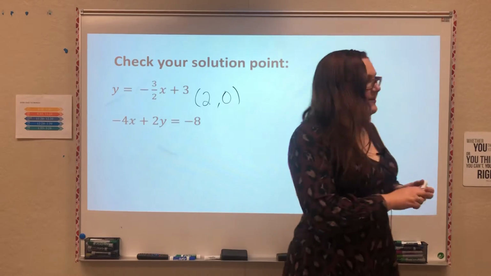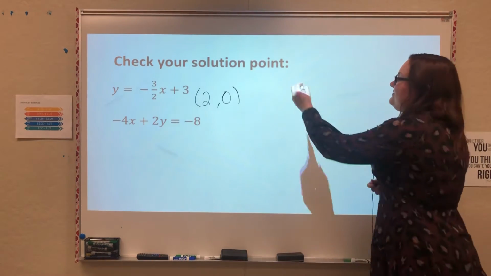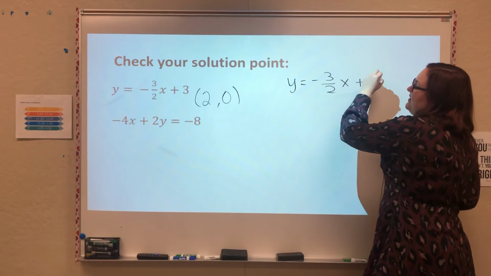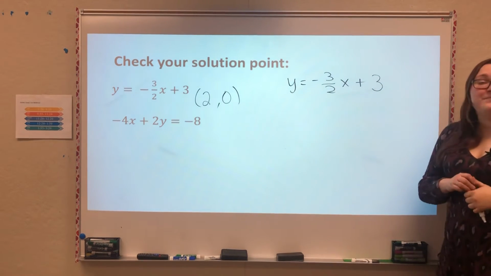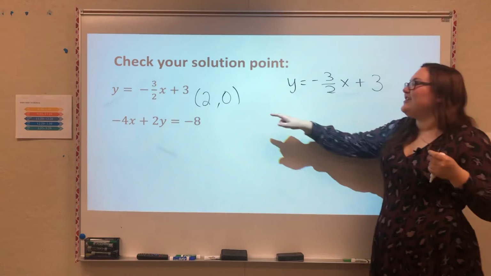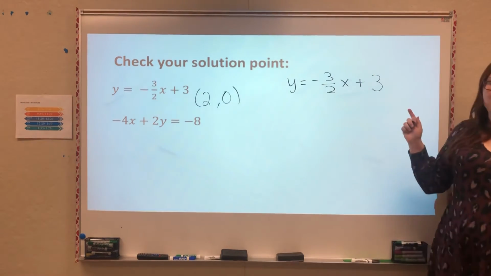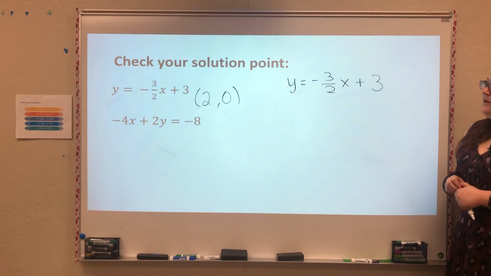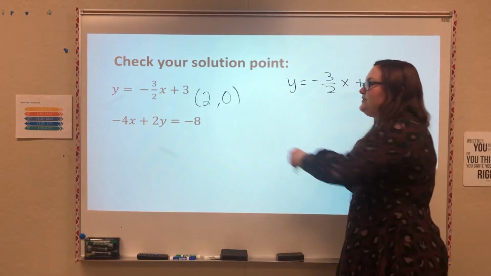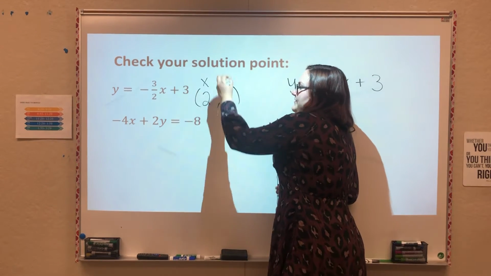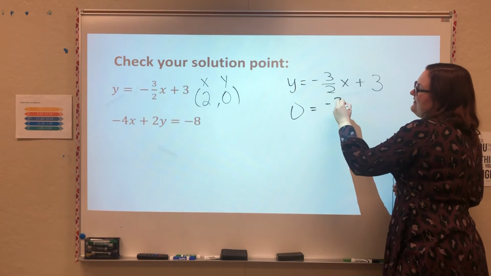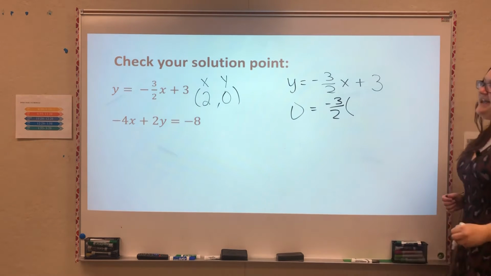So let's do that. I'm going to take my first equation, which is y equals negative 3/2 x plus 3. Go ahead, pause the video, check it yourself. Make sure if you substitute this into the equation, it gives you something true. Well, when I go to check, 2 is going to be my x, 0 is going to be my y. So it'll say 0 equals negative 3/2 times x.